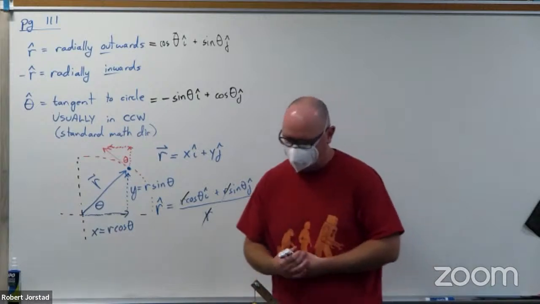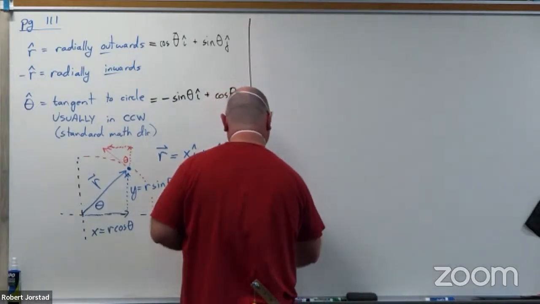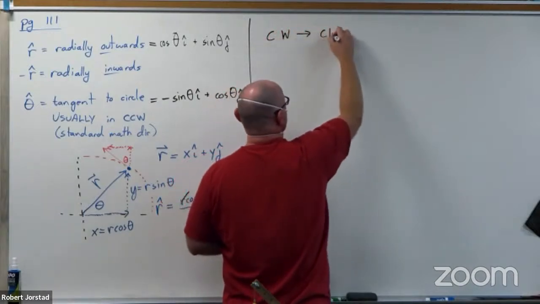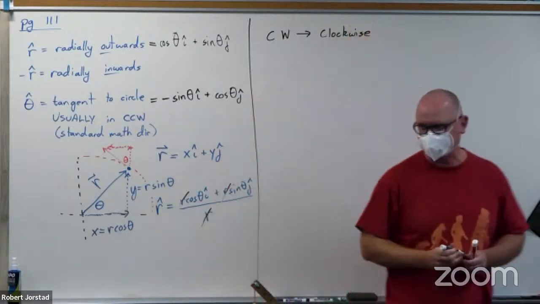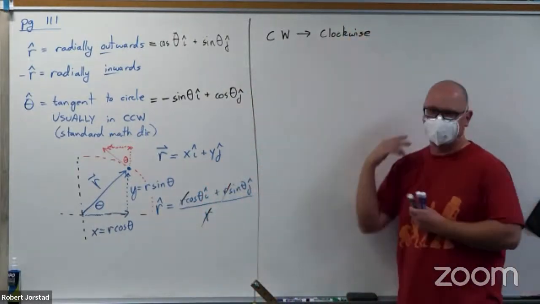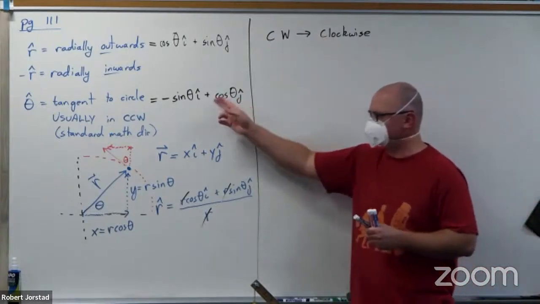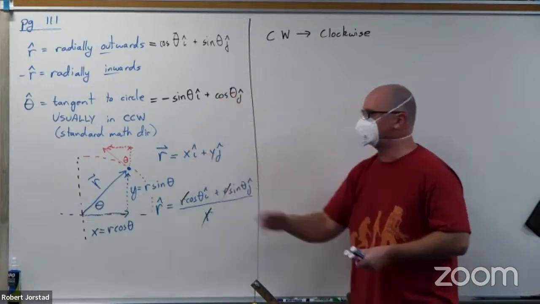Okay, some more terms. If you see me write CW, usually that means clockwise. So instead of saying theta hat and negative theta hat, we're probably just going to say CW and CCW. You know what I mean? That way we don't have to actually use this that much. Again, this is hugely useful to engineers, so it's important to see it.